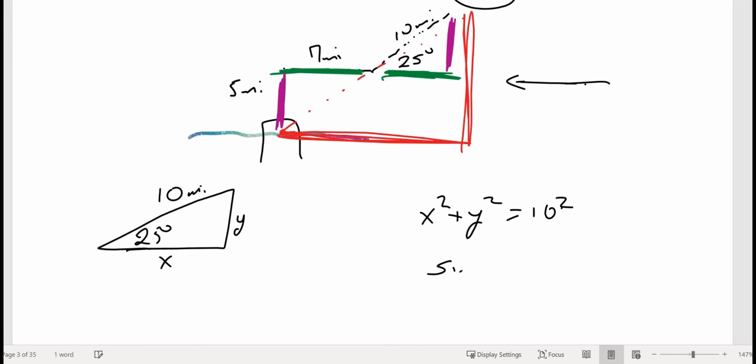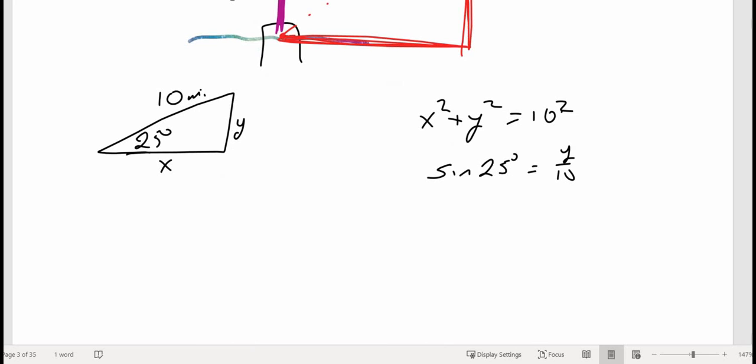But then I can think, oh, well, sine of 25 degrees is the opposite over the hypotenuse. The cosine of 25 degrees is the adjacent over the hypotenuse. And the tangent of 25 degrees is the opposite over the adjacent. Okay.